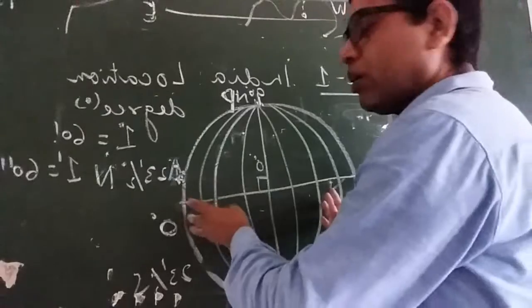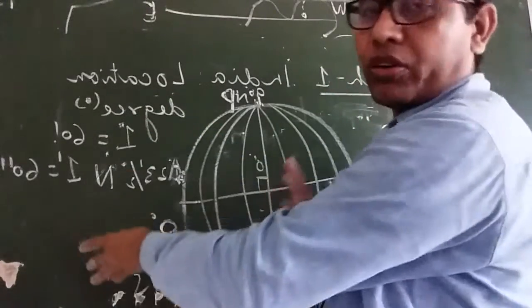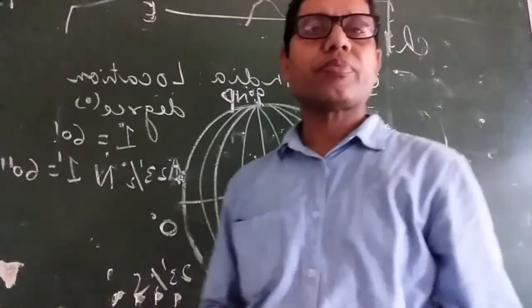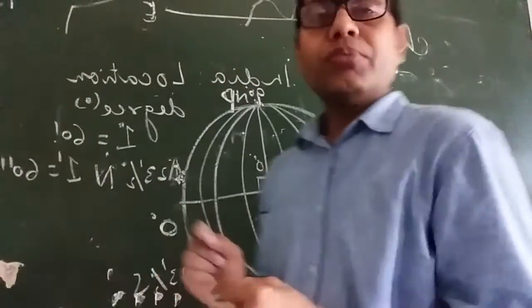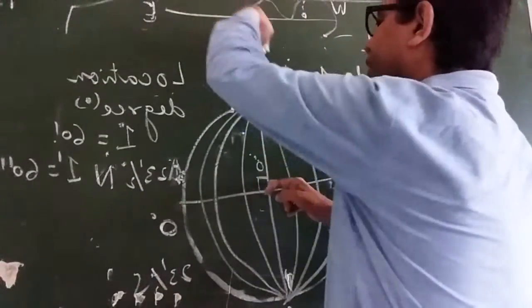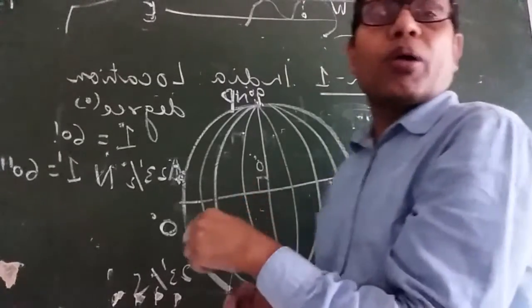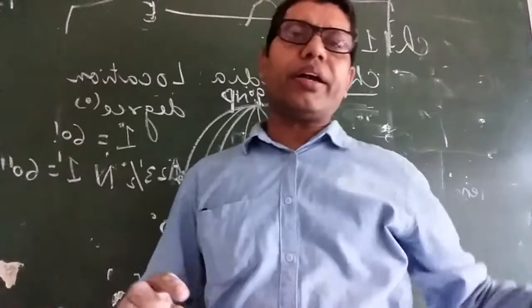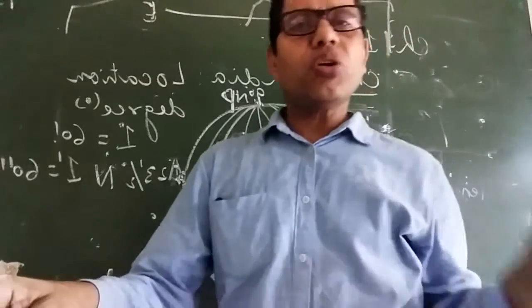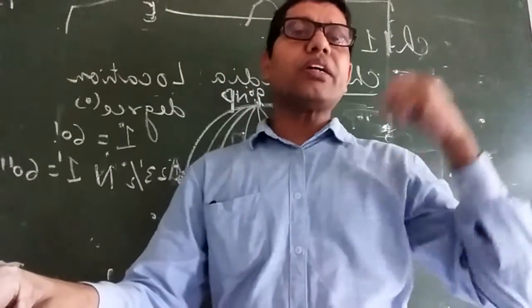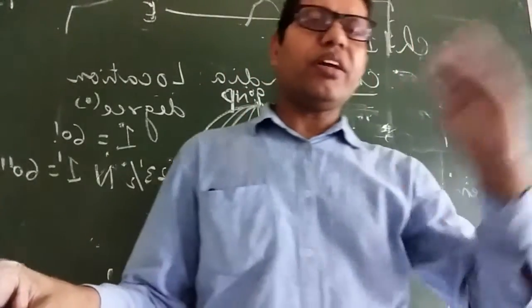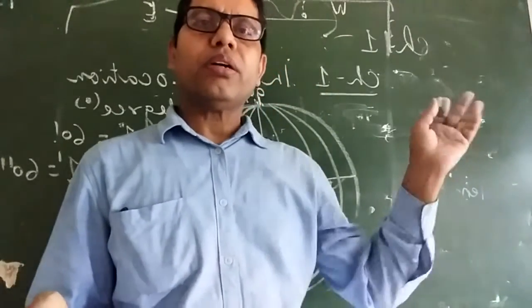On the globe or on the map, right is east, left is west. Now we have 0 degree to 180 degree in the east, and again from the left, from the west, 0 degree to 180 degree west.